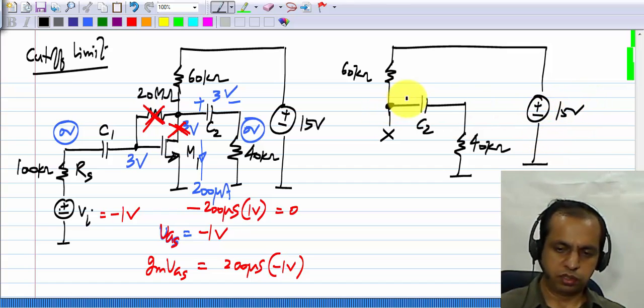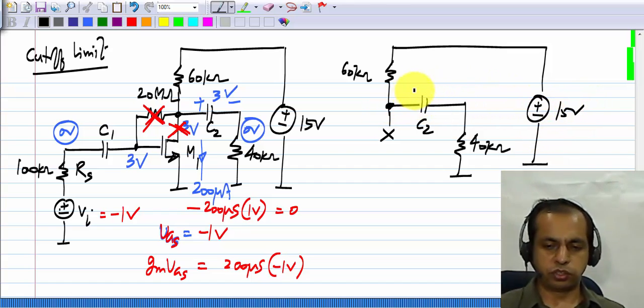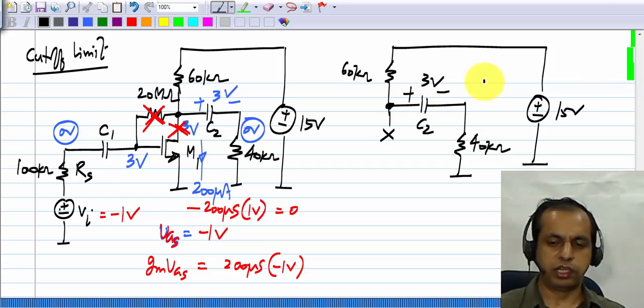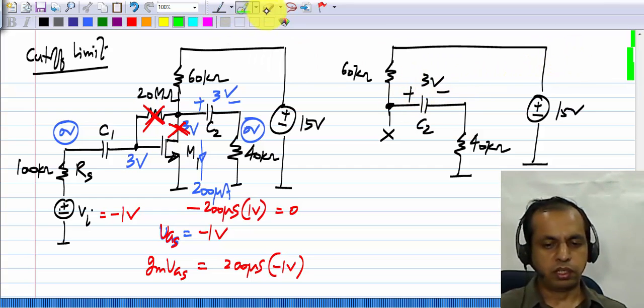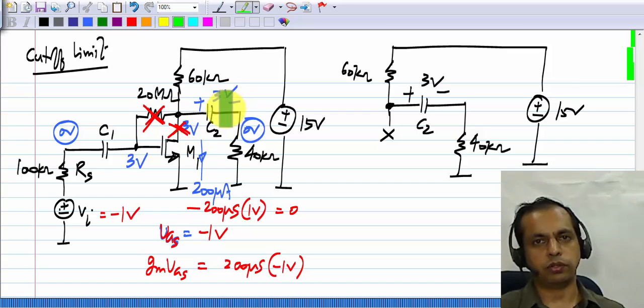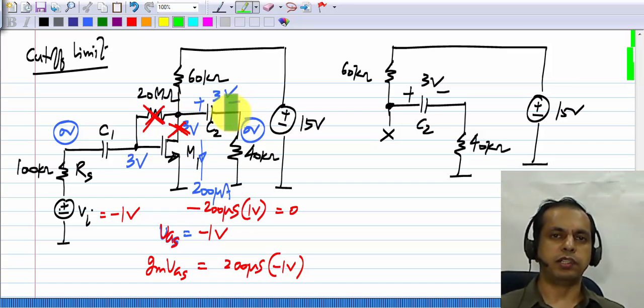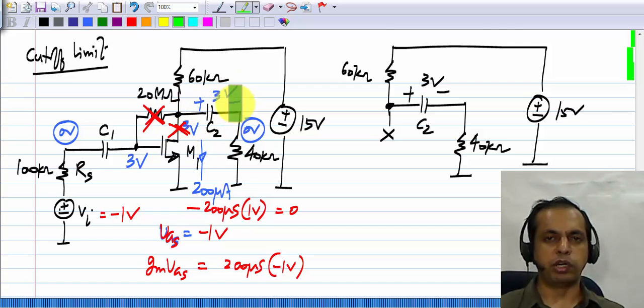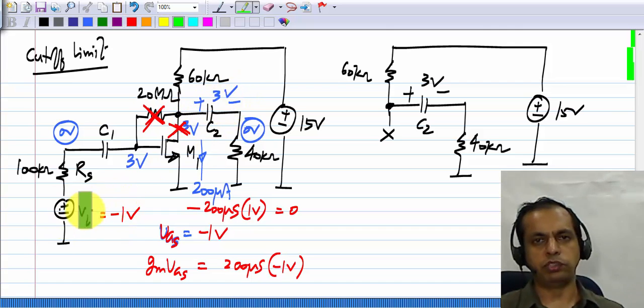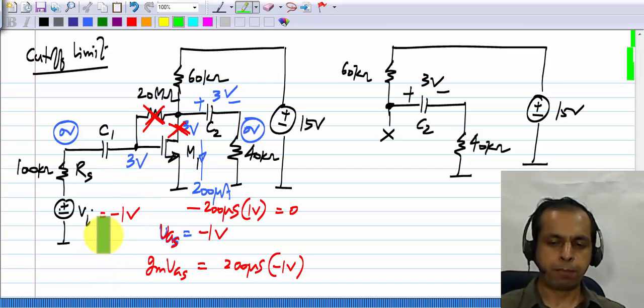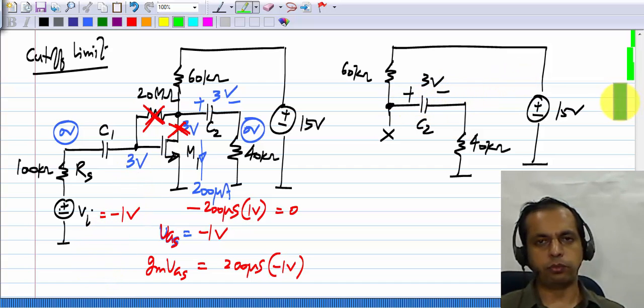15 volts. And C2, of course, holds 3 volts, its operating point value, because the incremental voltage across C2 is 0. When we say C2 is a short circuit for signals, it means that its incremental voltage is 0 in presence of the signal, which is at some frequency omega. So across C2 you have a constant 3 volts.